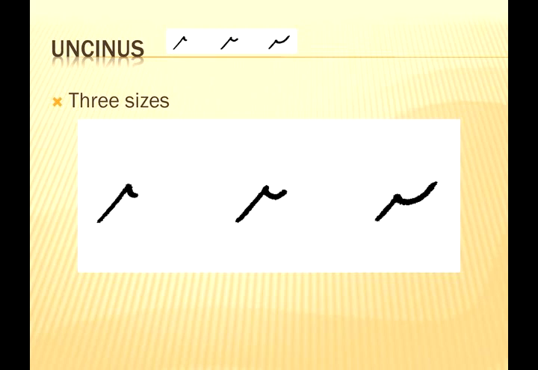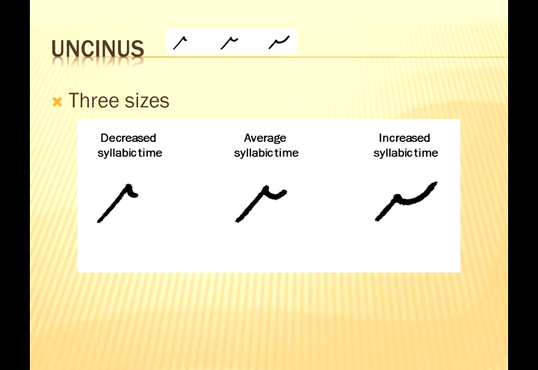Both Cardin and Augustoni talk about the different types of uncini indicating average or normal syllabic time, decreased syllabic time, and increased syllabic time. The average size uncinus has an average-sized stem and tail.